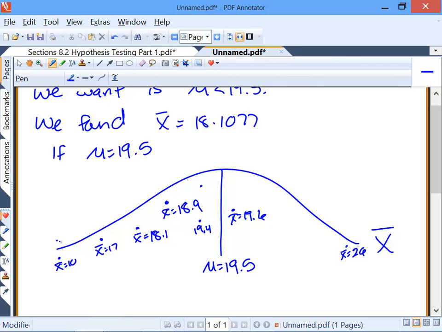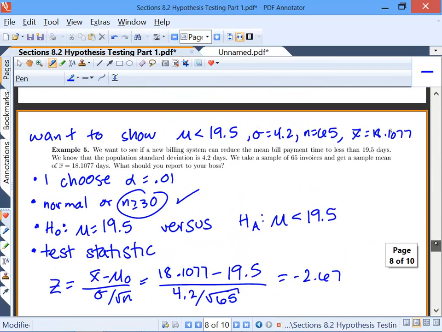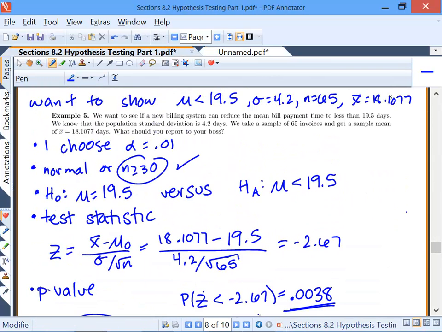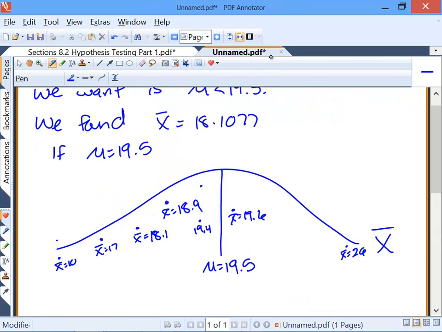So what we have to do is know what the standard deviation of my X bars is. The whole point of what we're doing here is that we take this difference and divide by the standard deviation to see how many standard deviations away I really am. Then I can find the probability of being that far over or more.